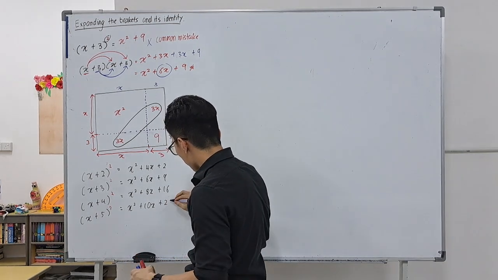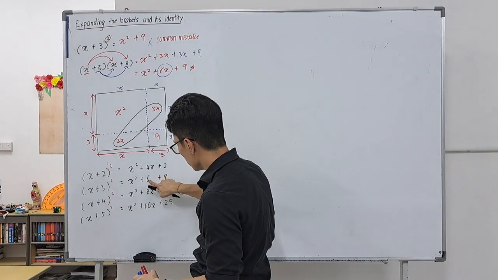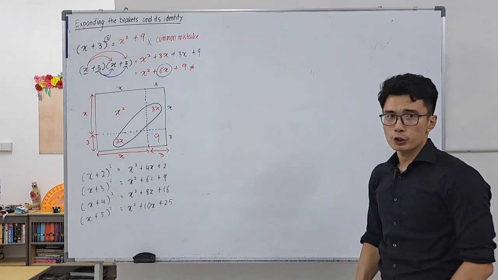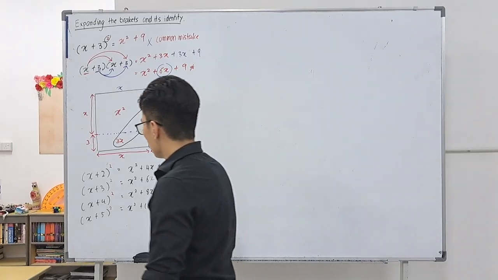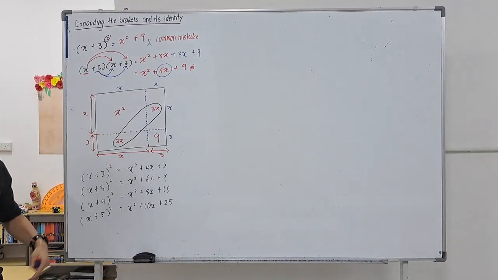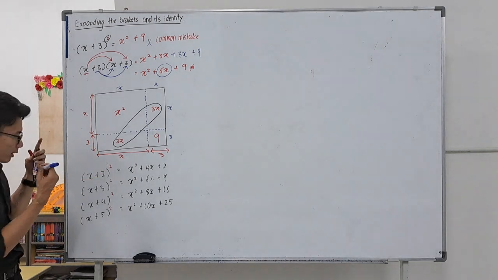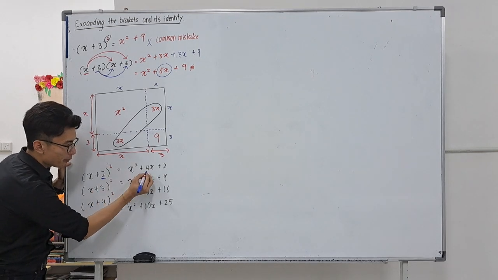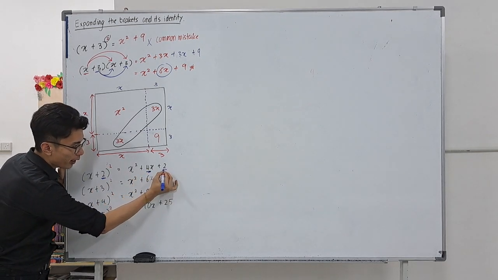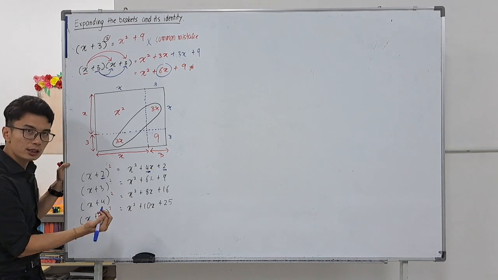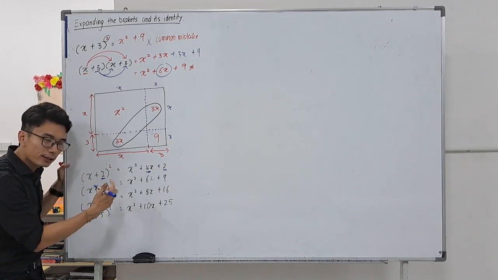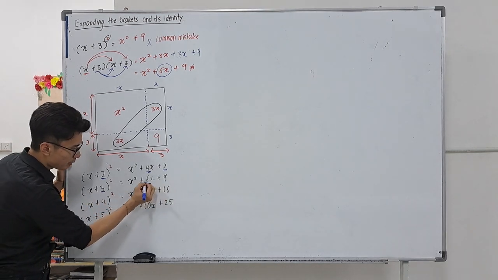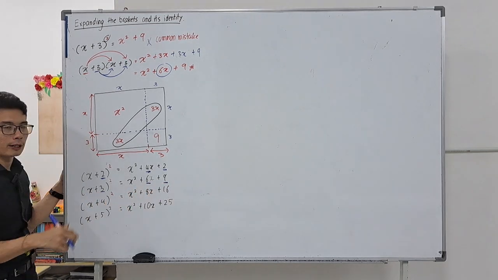If you have expanded everything correctly, you should get the same expressions as me. But what is the interesting thing I want you to notice? It's the middle term and the final term only. Do you see what patterns you see over here? Let's take a look at that.